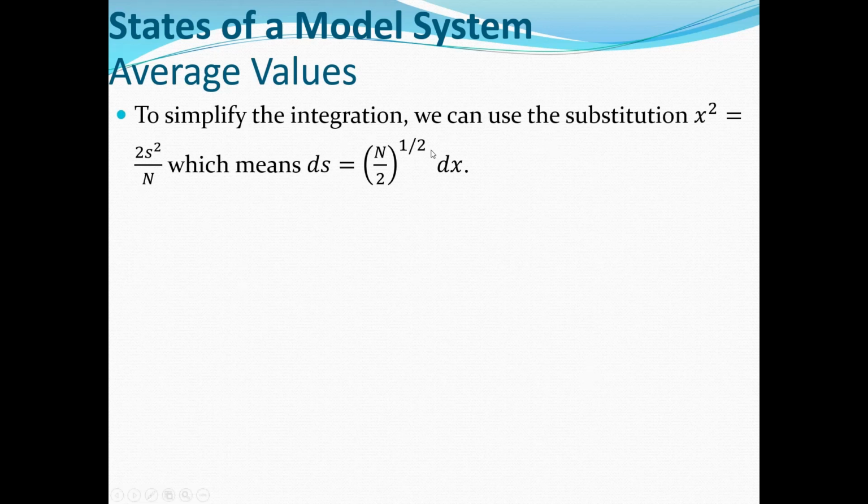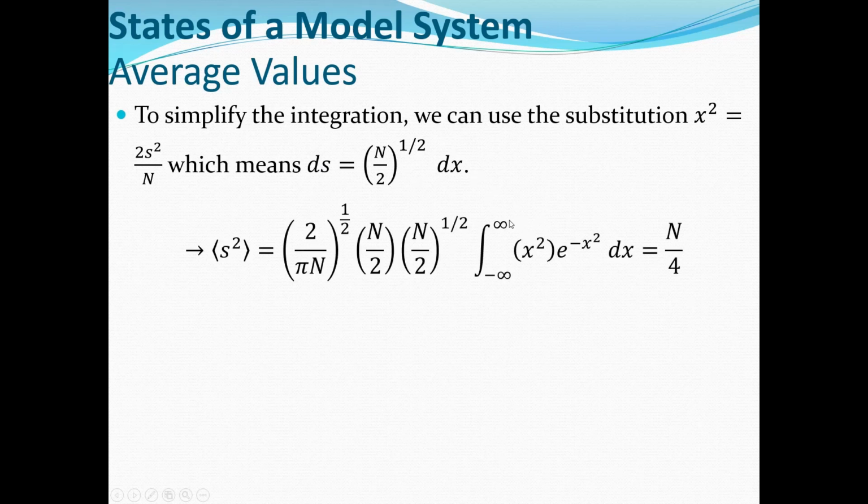Now, with integrations, one thing that you always want to do is try to find a way to simplify it by getting rid of some useless things and rewriting it in a simpler way. So what we can do is just replace this whole term with an x squared, and then we'd have to replace ds with this.